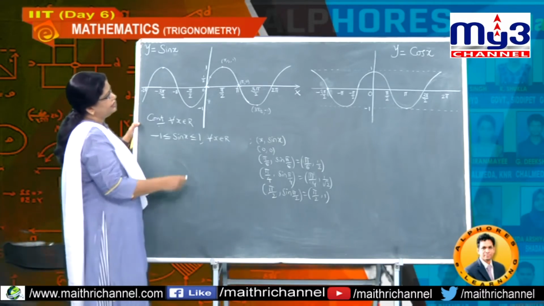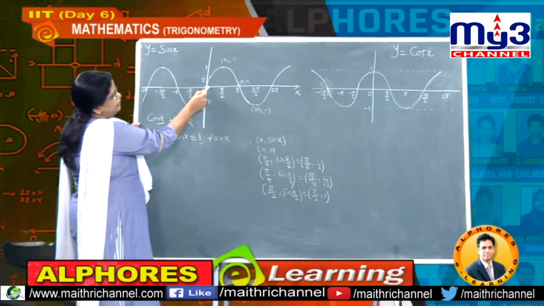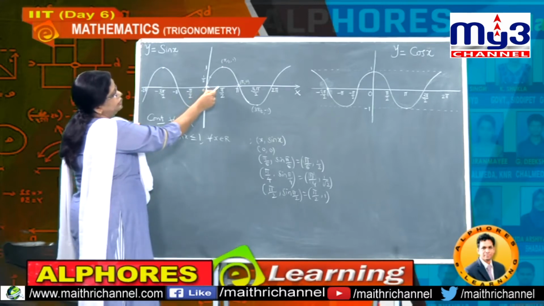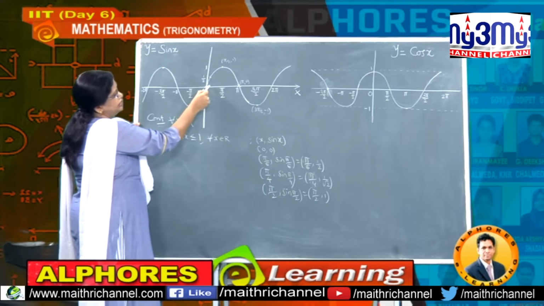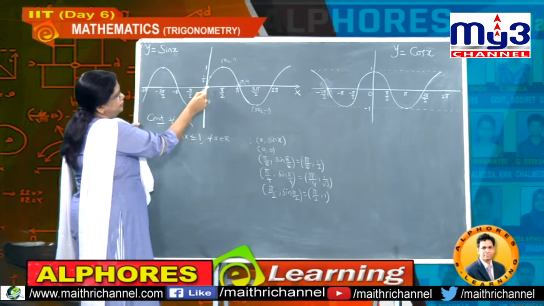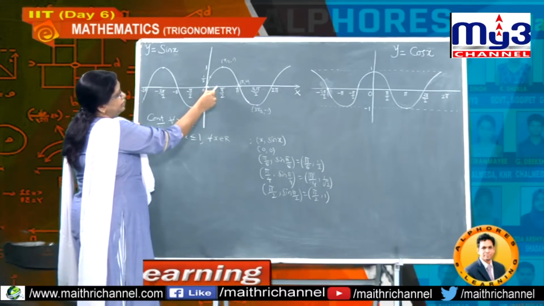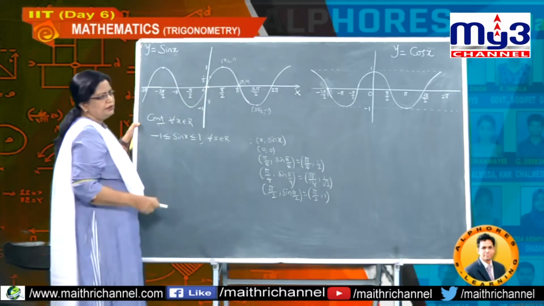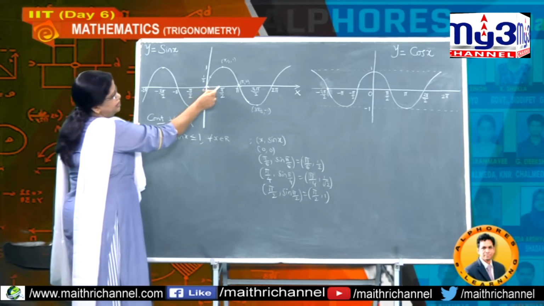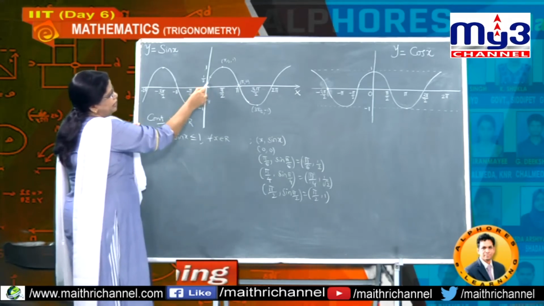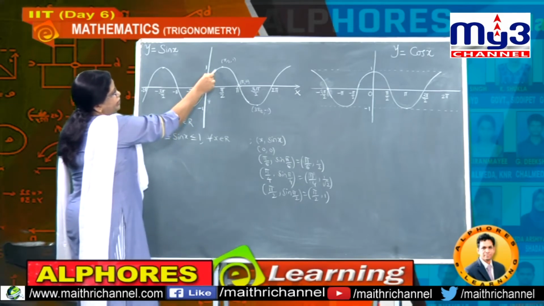Later, what is the next observation? The next observation you take when x values are increasing. X values are increasing from 0 to pi by 2, 0.1, 0.2, 30 degrees, 31 degrees, like this it is going, x values increasing, and correspondingly y values also increasing.